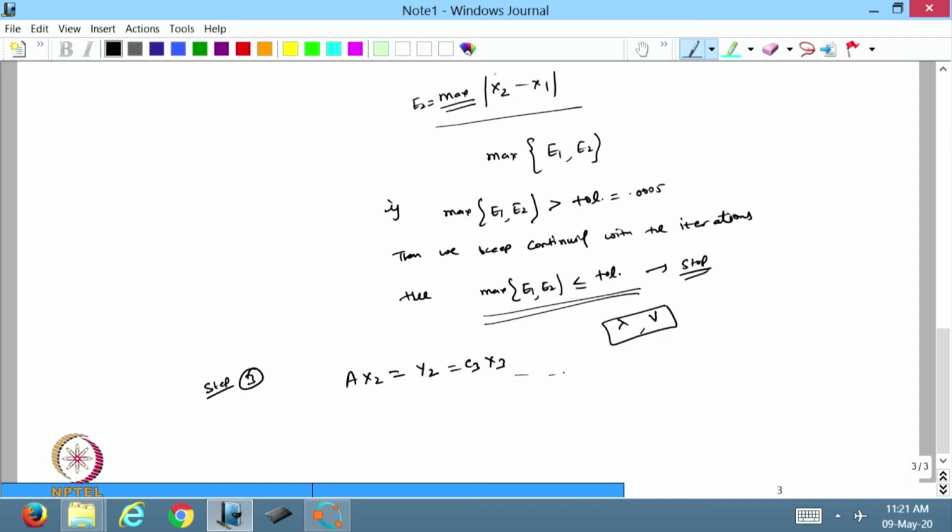So, I will keep doing this. So, we will find out in the Matlab code in how many iterations we are going to find the solution, but this is the algorithm, this is the way we can find the solution. So, that we will find out when we do the coding in Matlab. So, this is the way we can find the dominant eigenvalue.